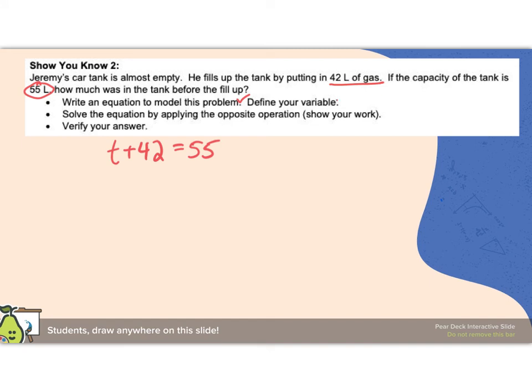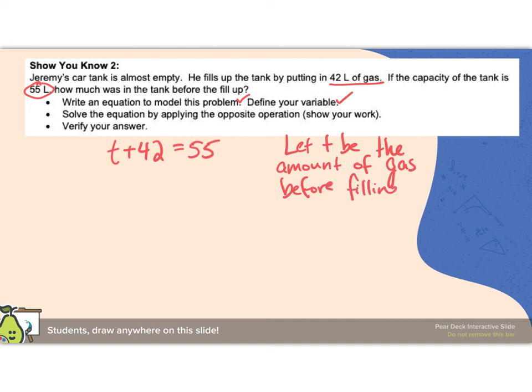To find my variable, I'm going to write on the side, let T be the amount of gas before filling. I'm just going to let people know what that letter stands for. And then I'm going to start by doing the same thing.